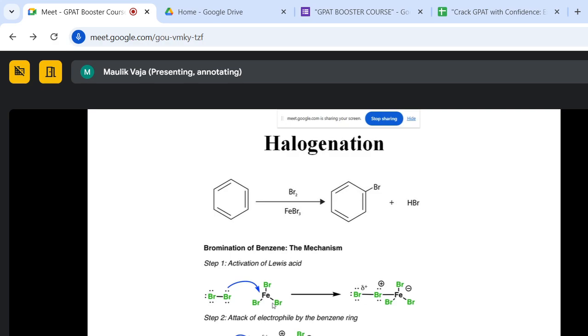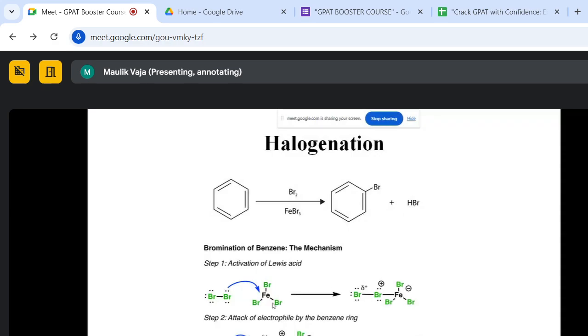Because iodine is too much unreactive a molecule. It has nothing to do with all these. So iodine does not react at all in electrophilic aromatic substitution, and because of its unreactivity, iodination is not possible.